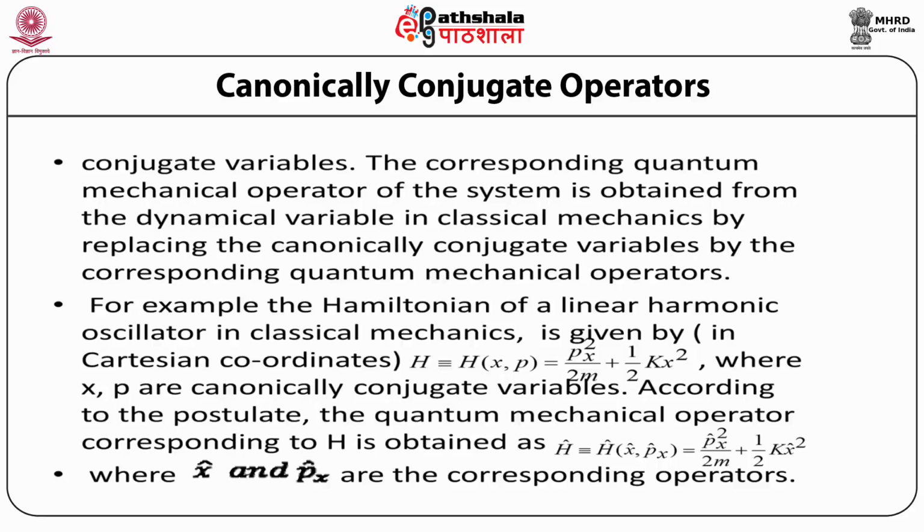Now, the corresponding picture in quantum mechanics is that the Hamiltonian is the corresponding quantum mechanical operator of the system and is obtained from the dynamical variable in classical mechanics by replacing the canonically conjugate variables by the corresponding quantum mechanical operators. That means that the canonically conjugate variables of classical mechanics now get replaced by the operators of quantum mechanics which define the system.